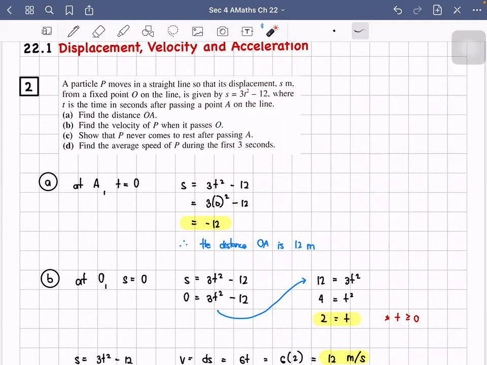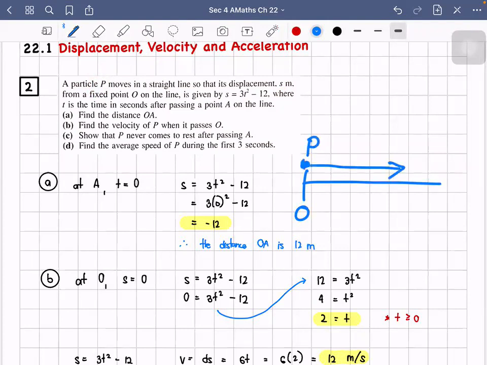For number 2, let me read. A particle P moves in a straight line so that its displacement s from a fixed point, the origin. If you want to draw that, this is your origin, and particle P is moving towards there, in a straight line.